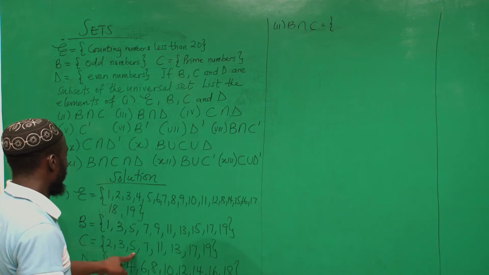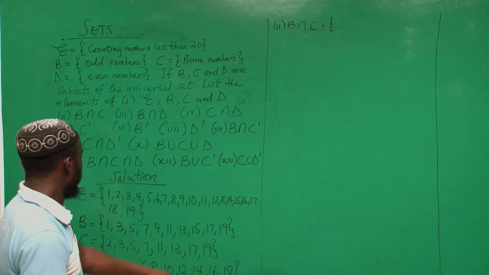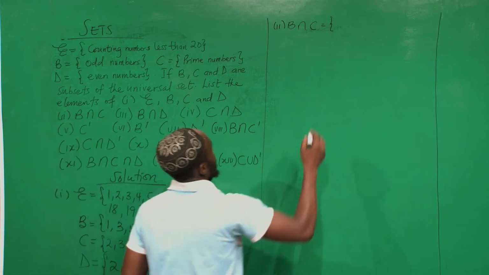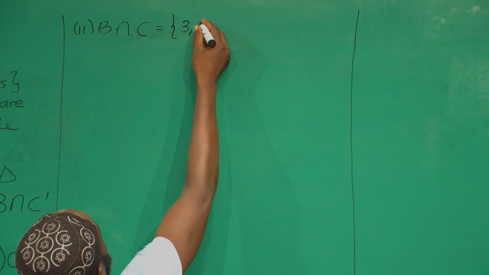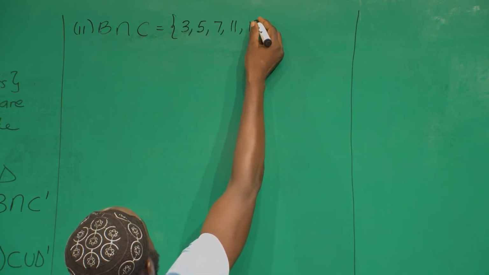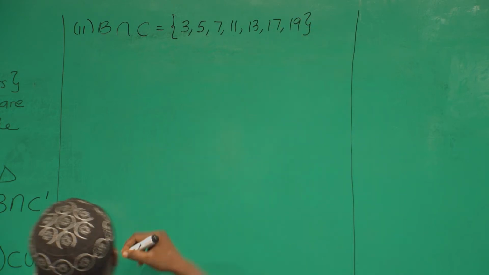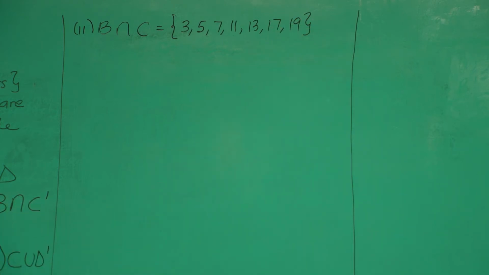We have 3, 5, 7, 11, 13, 17, 19. That is the common elements there.